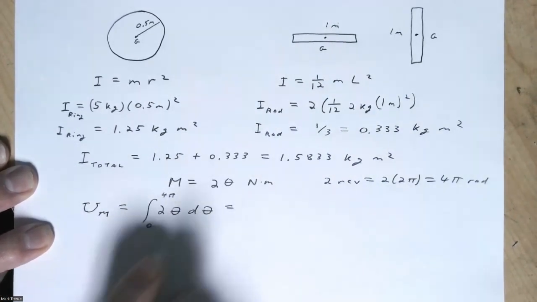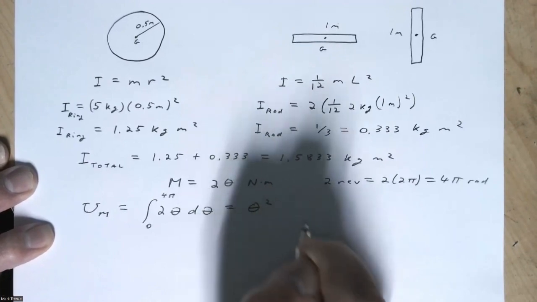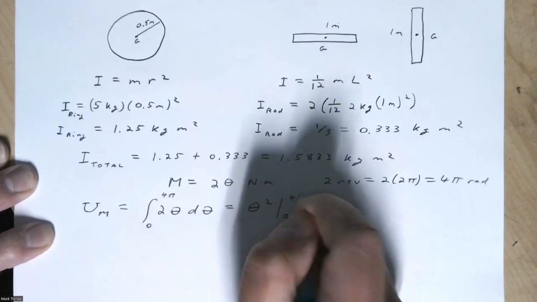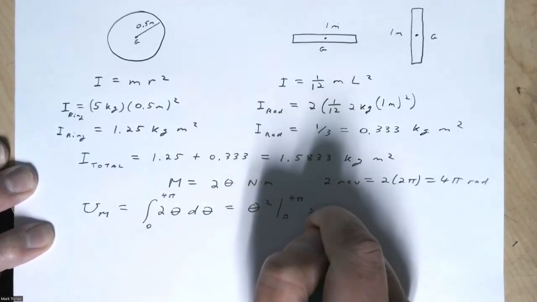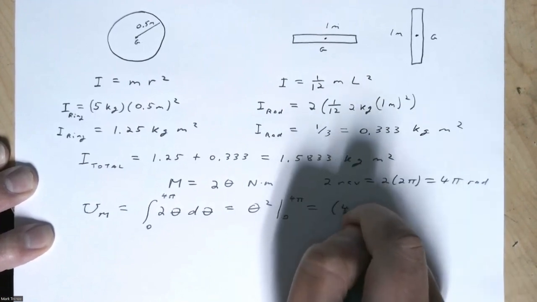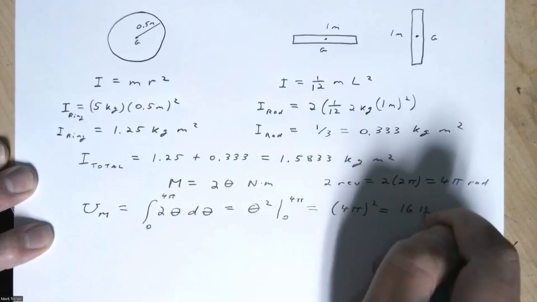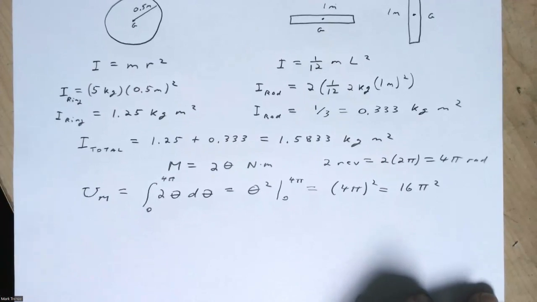Of course, we're going to get theta squared divided by 2, which just leaves us with theta squared from 0 to 4 pi. And that'll leave us with 4 pi squared, which is 16 pi squared.